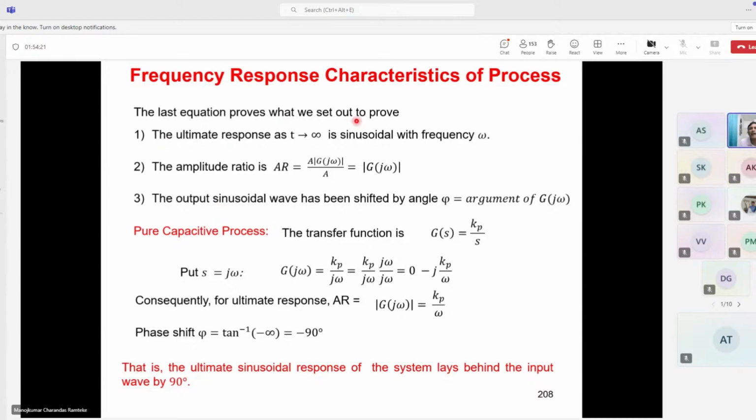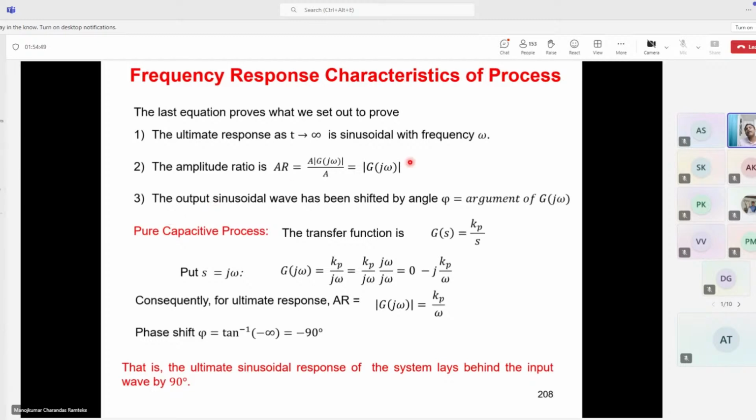The last equation proves what we set out to prove: as t tends to infinity, the response to a sinusoidal input is a sinusoid with frequency omega, and the amplitude ratio is given as the magnitude of G of j omega. Similarly, the phase angle is given as the argument of G of j omega, isn't it?